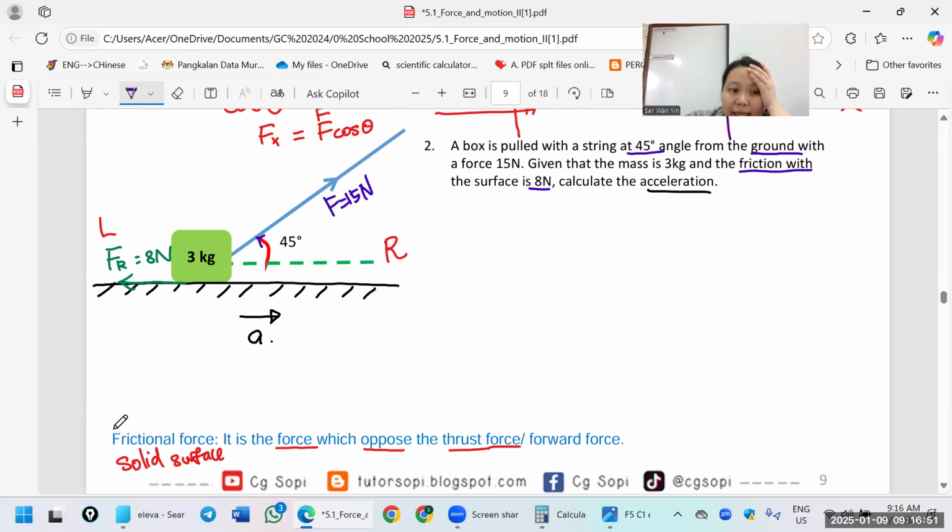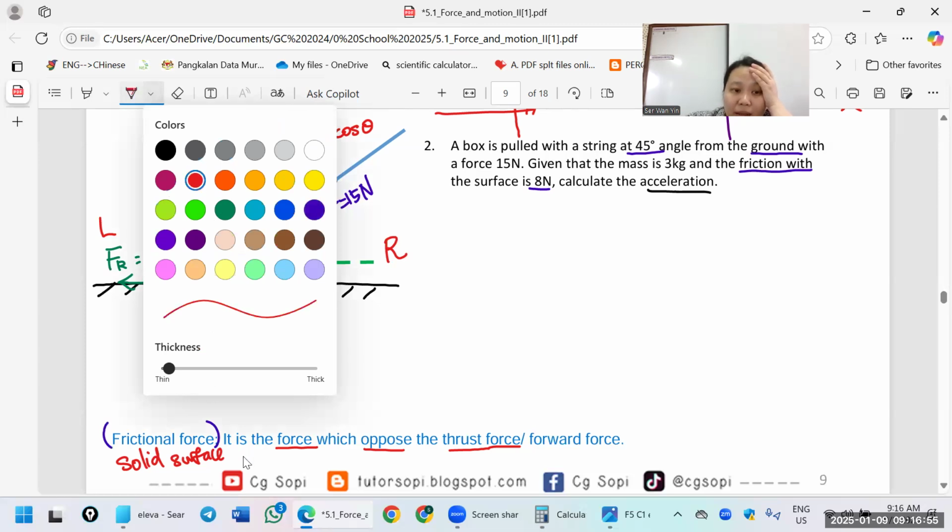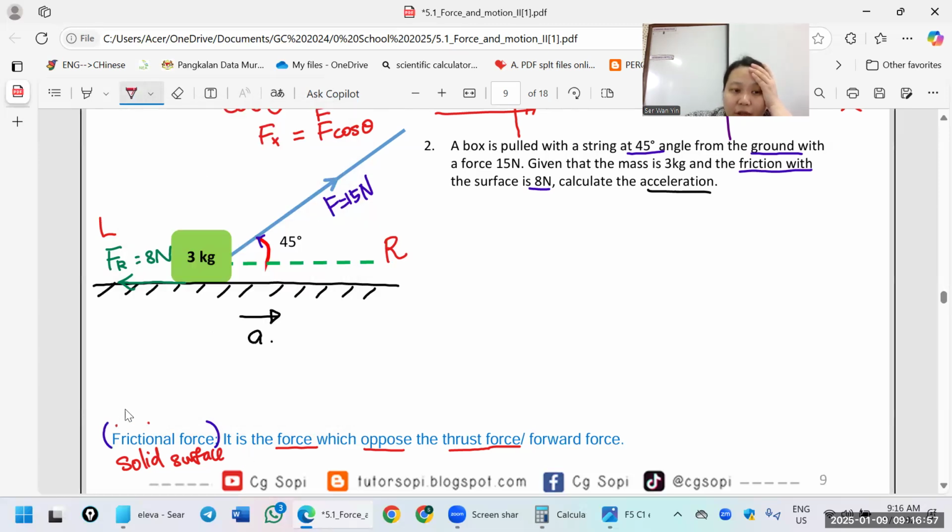By the way, frictional force is only affected by two things. One is the weight of the object, which is weight equals mg.